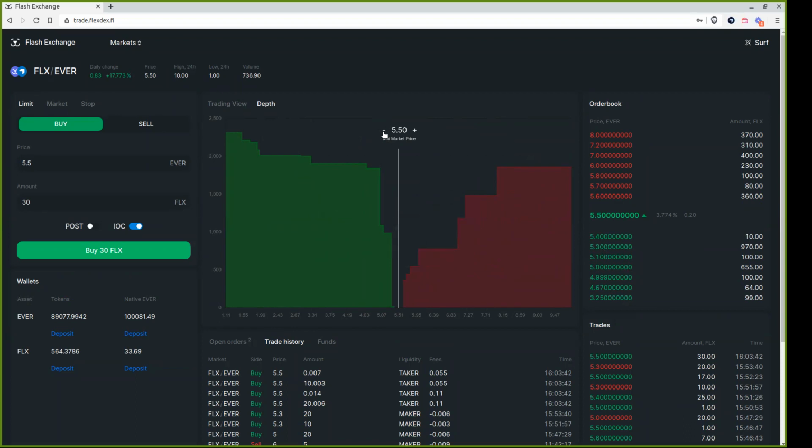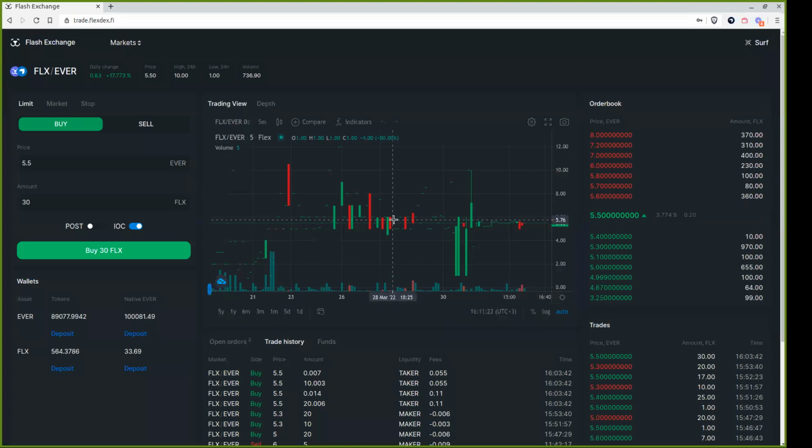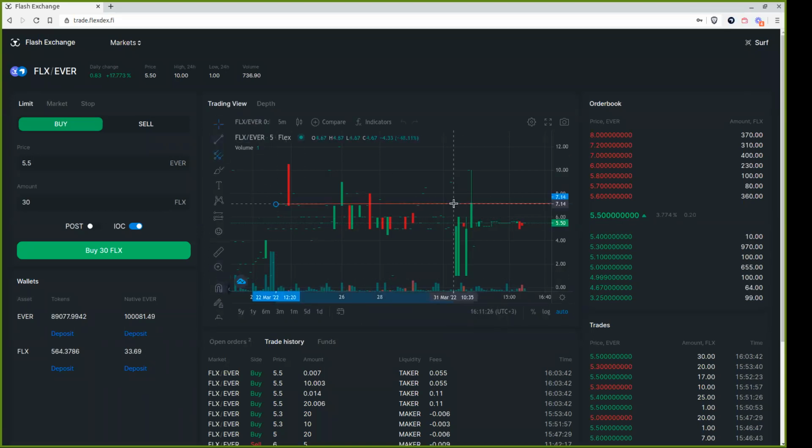So in order to see the whole order book, we can go here, and you can see it's quite deep. Someone wants to buy them at 0.1. Anyway, and then a normal trading view, like in any other exchange, with all the nice features that you can have here, and so on.